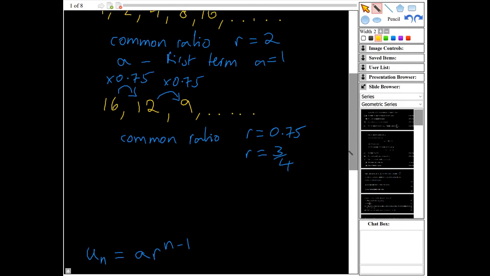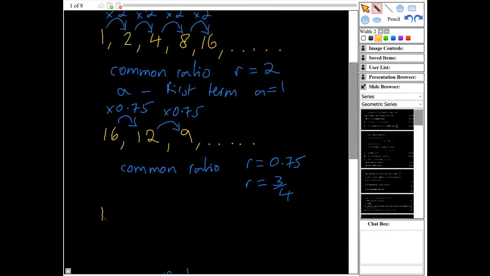So to find r, you can divide two terms. So I could do u3 divided by u2. I could do u2 divided by u1. I could do u7 divided by u6, and so on. Okay, any of those ways would work.